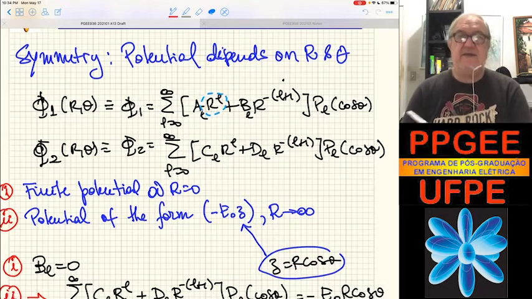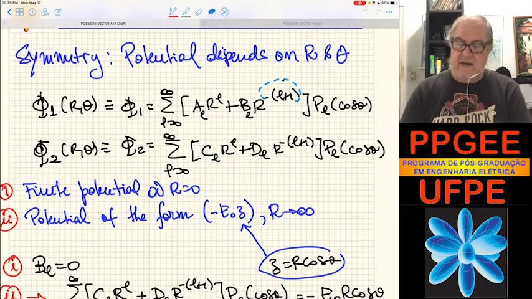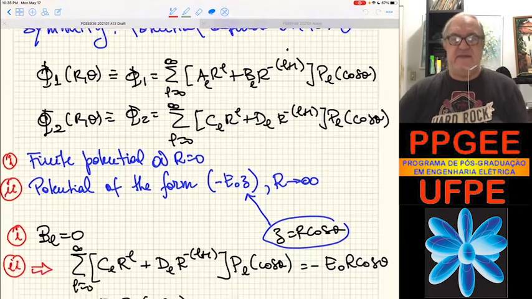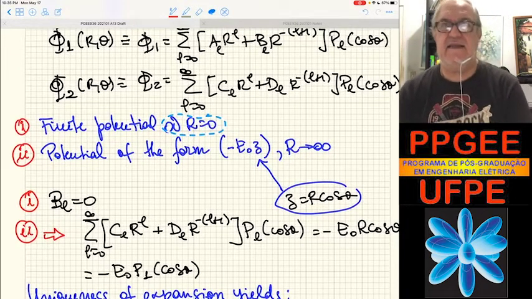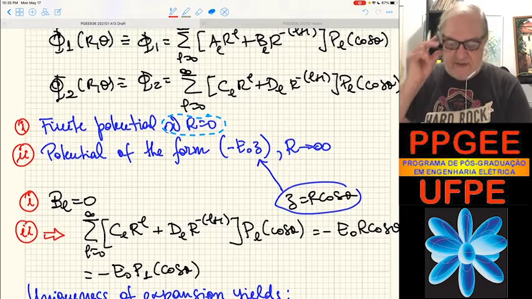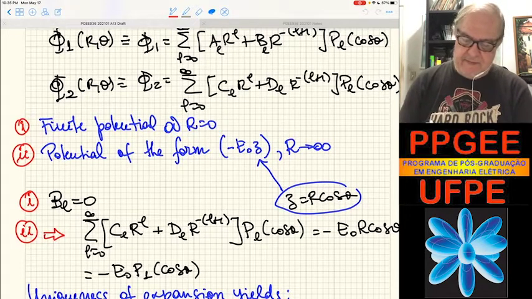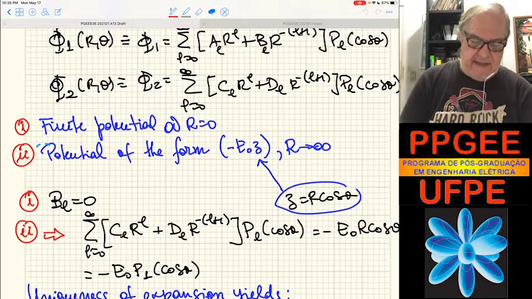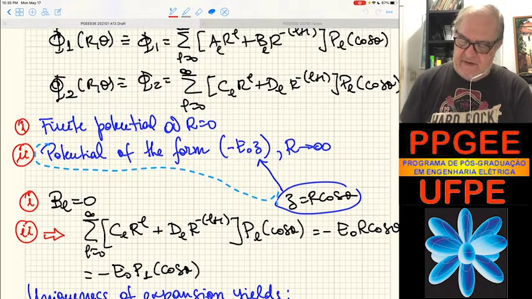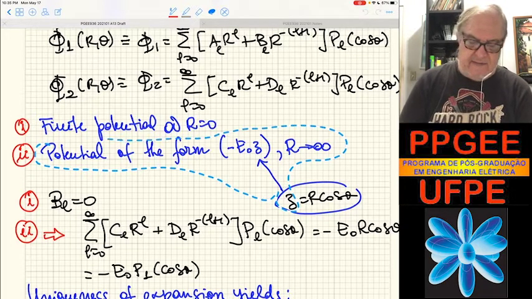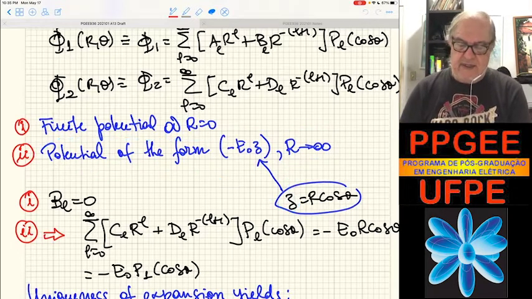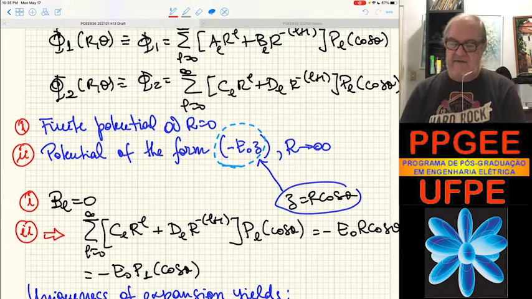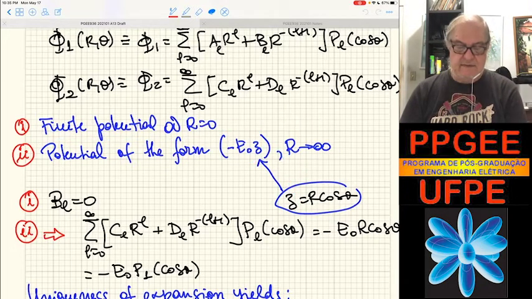Recall that we have r to the L and r to the minus L plus 1. Then we have our physical considerations. The potential is finite inside, at the origin. The asymptotic behavior of the potential is this one. We just demonstrated that the potential has to be something like this for r very large.